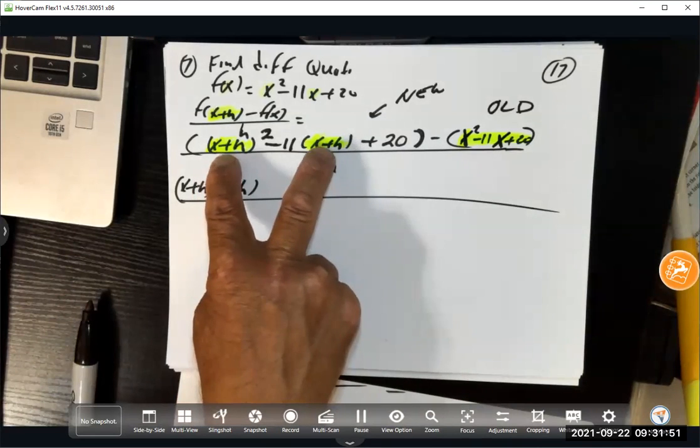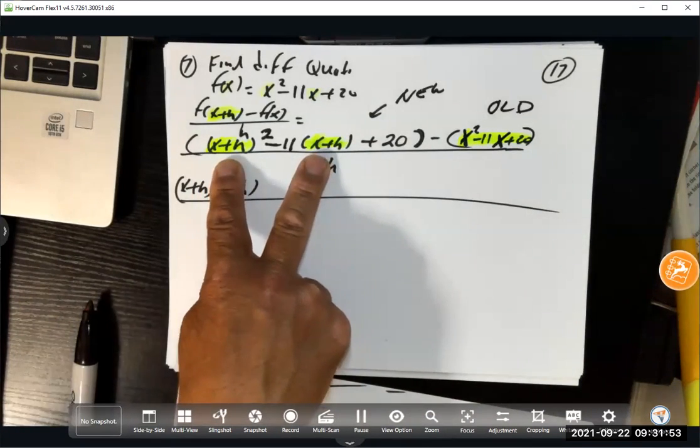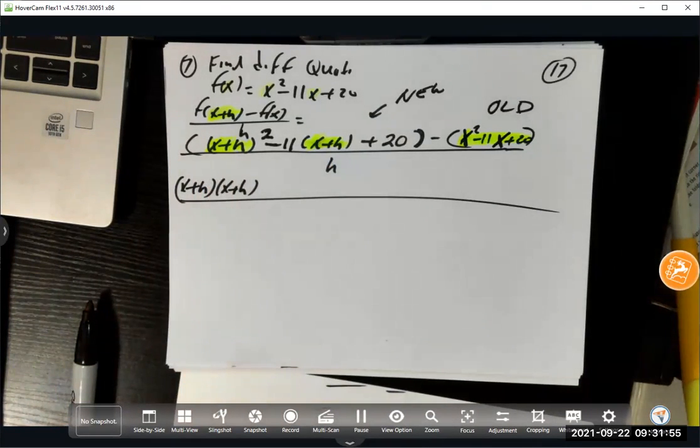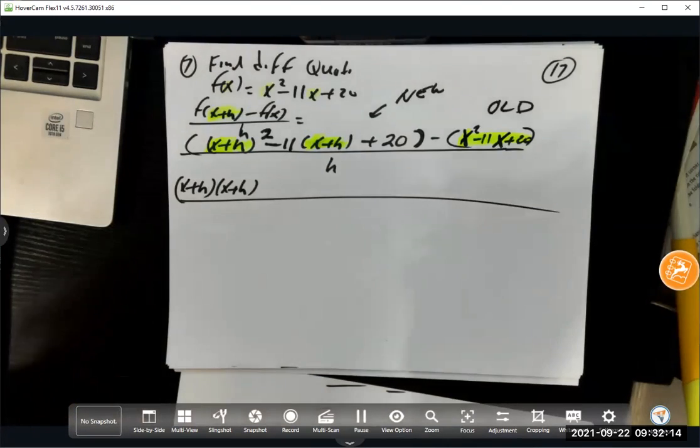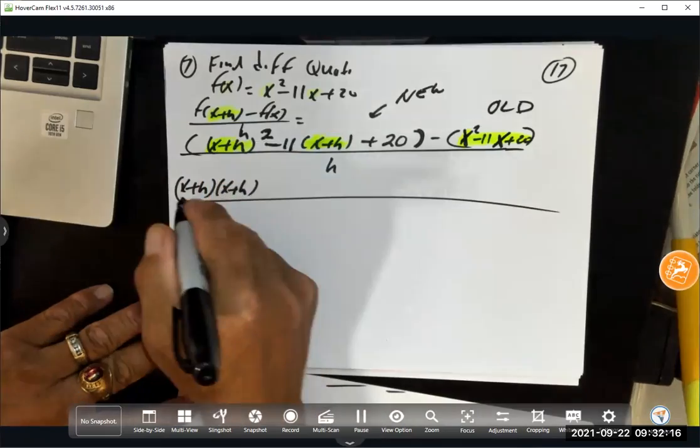Yes. Okay, let me write this down real quick. Minus 11 times x plus h, then plus 20, over h. Now x plus h squared, somebody said do it twice.